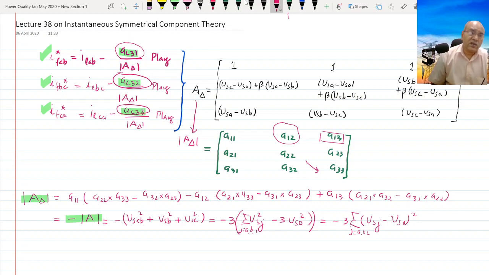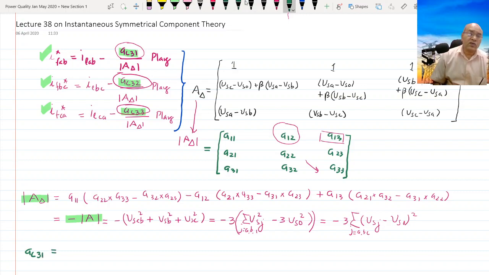Only these cofactors are important while solving these currents. So we will directly go to these factors and write here what AC31 is.